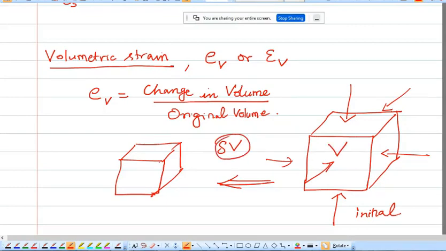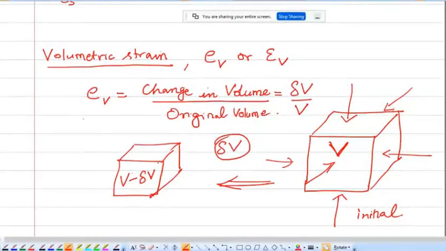Consider this as a body of volume V, and this is your final volume. So this final volume is equal to V minus delta V. Delta V is the change in volume, or the decrease in volume. So I can define volumetric strain as the change in volume to the original volume.